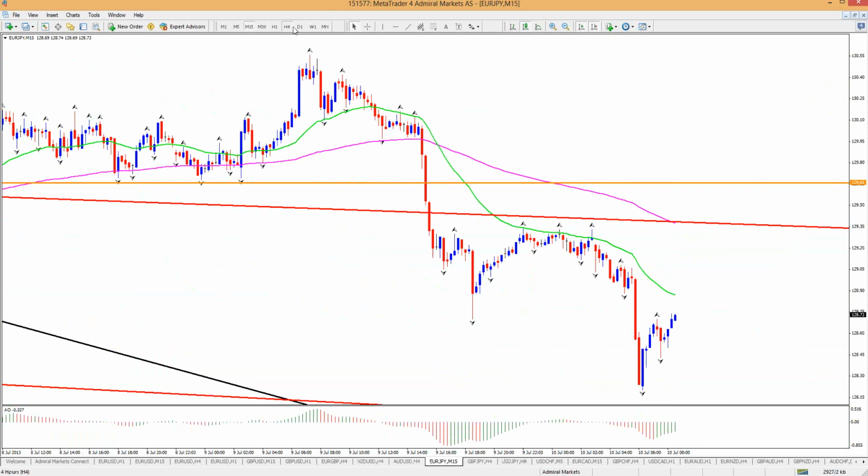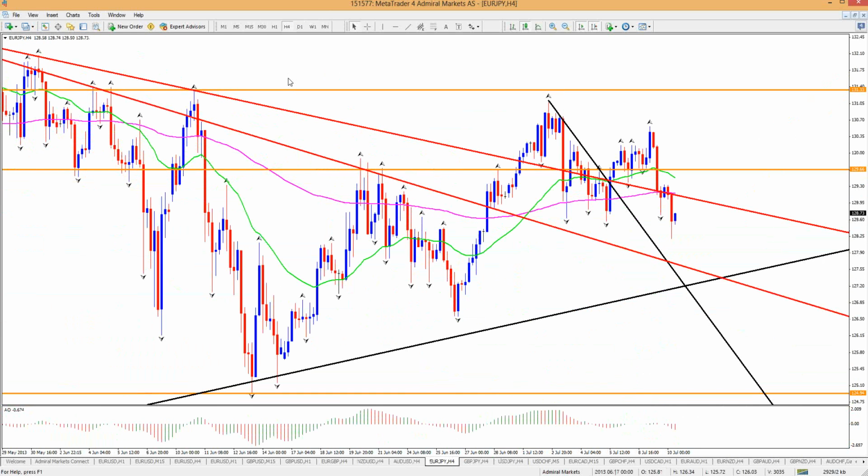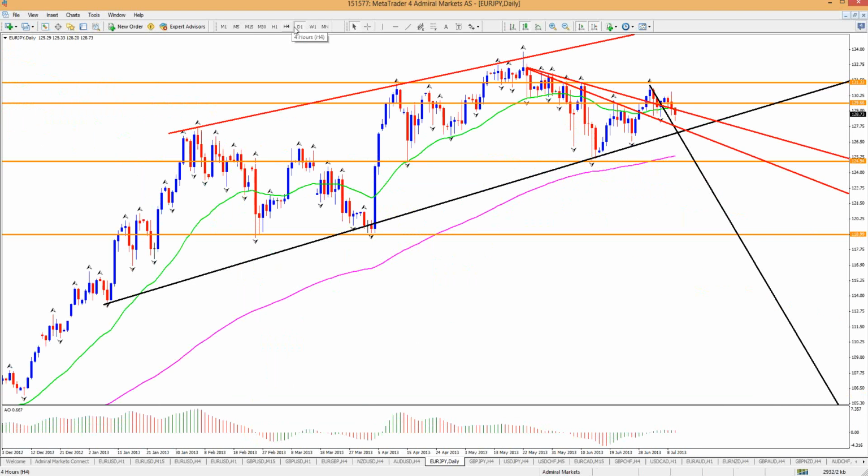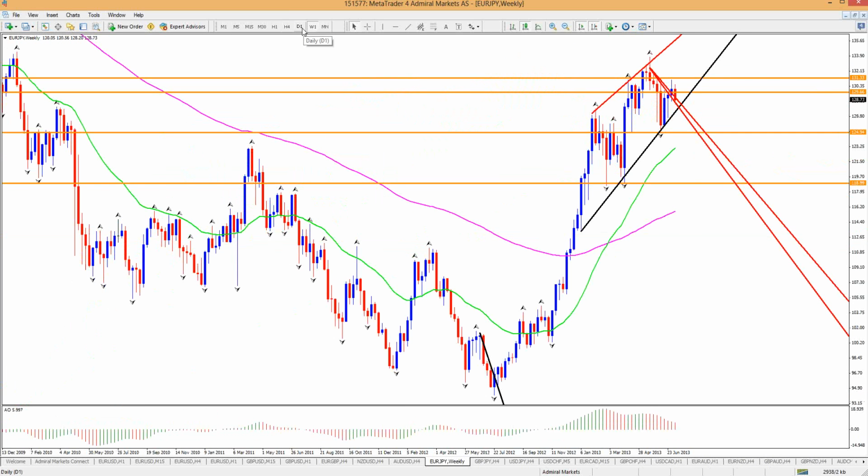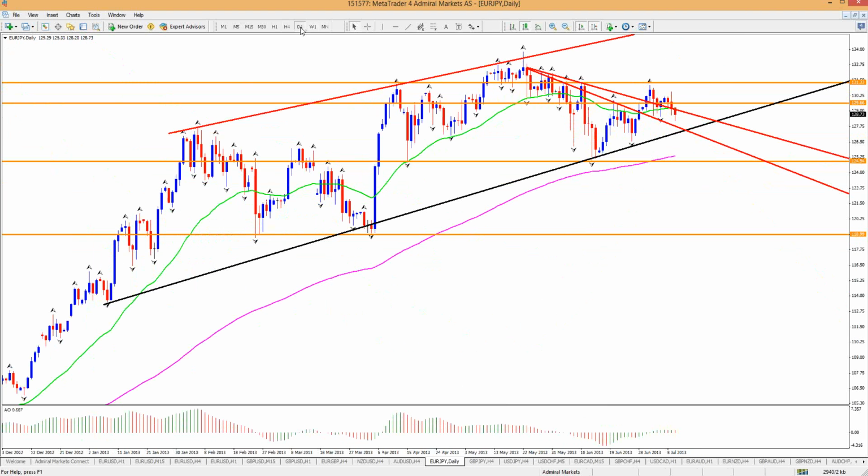Let's take a look at the Euro Yen. The Euro Yen is really in a mess to me.